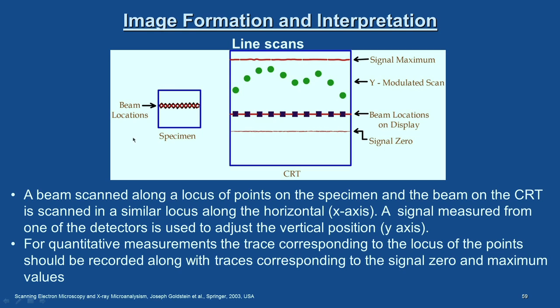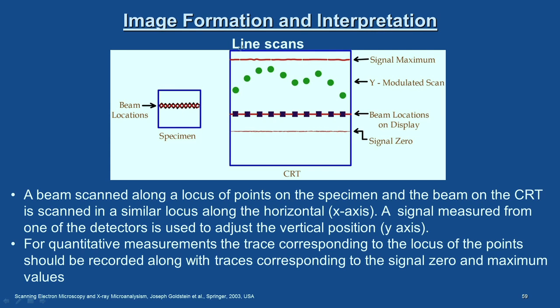The schematic shows the beam location on the specimen, and this is on the CRT. What you have to understand from this schematic is that whatever the beam does on the specimen surface, its scanning action, is synchronized with the CRT screen one to one.